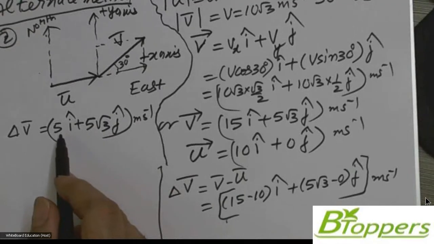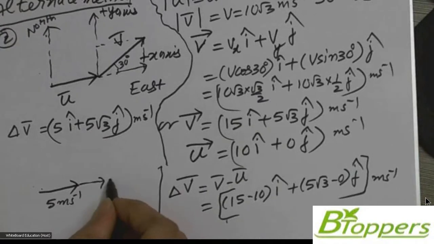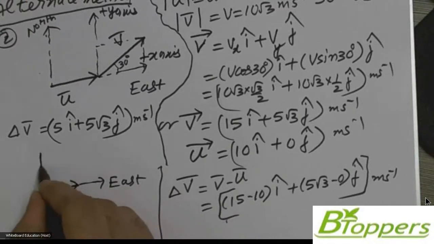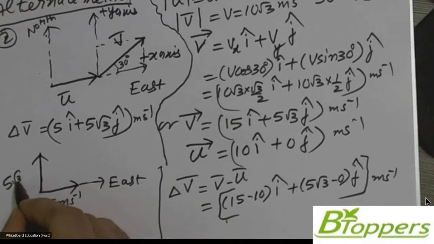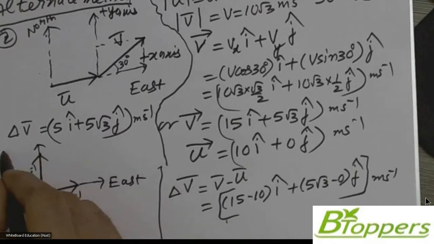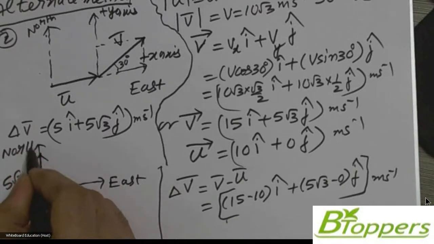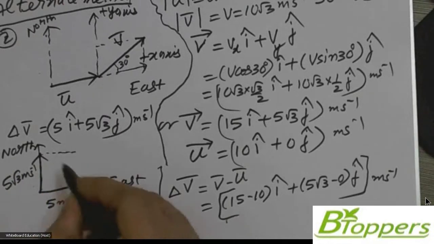That means the change in the velocity has a rectangular component of magnitude 5 meter per second towards east. The change in the velocity vector has a rectangular component of magnitude 5 root 3 meter per second towards north.